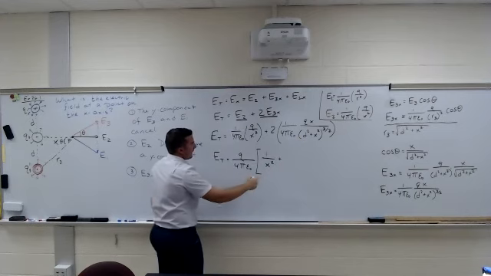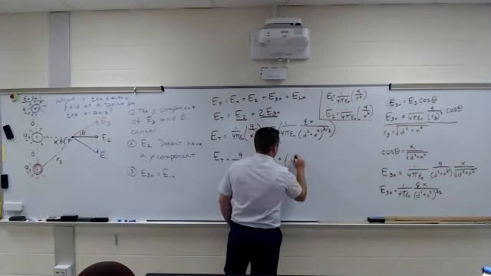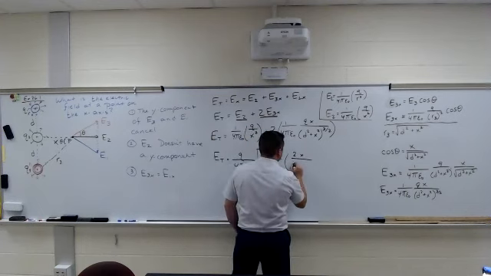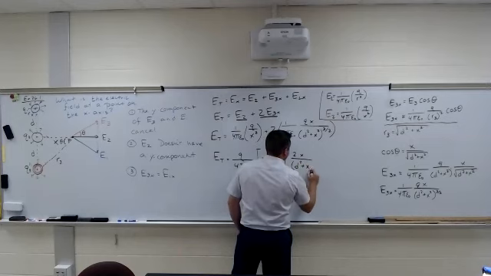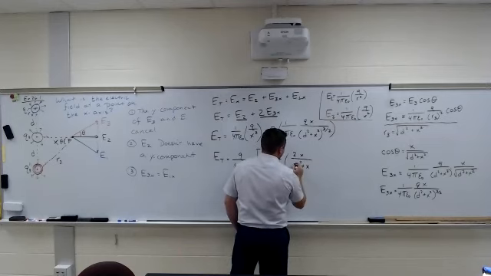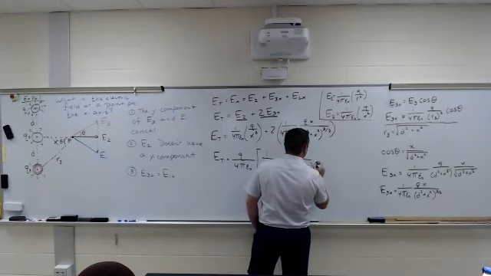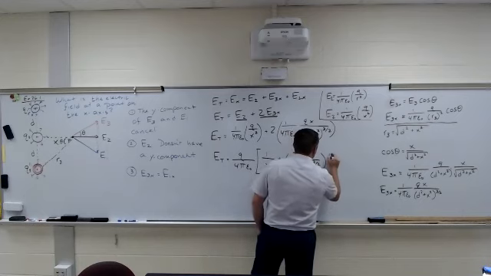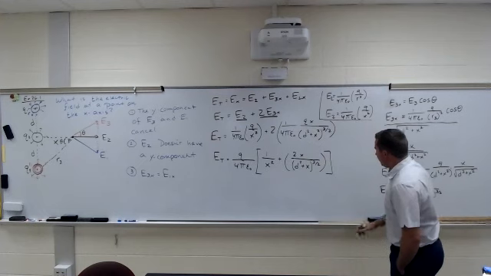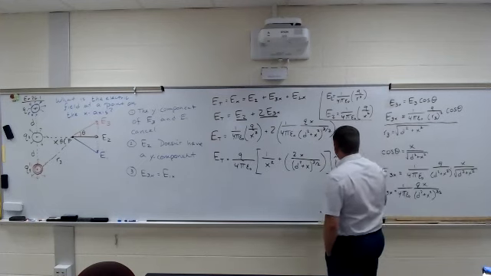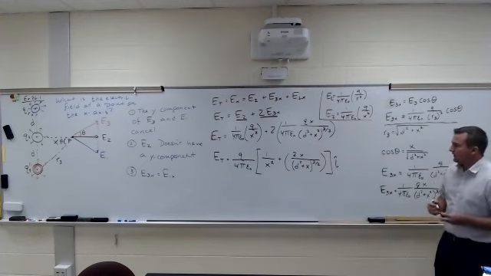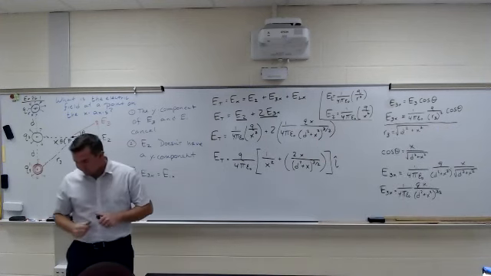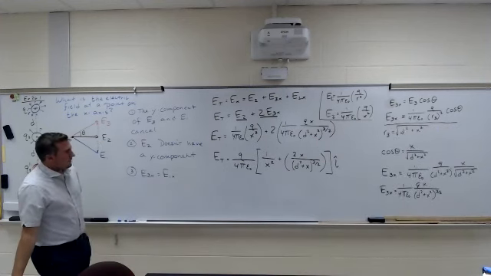Plus 2x over d squared plus x squared, to the 3/2 power. And all of that is in the i hat direction. I hat tells me that this is happening in the x direction, right? Because i hat is the x.